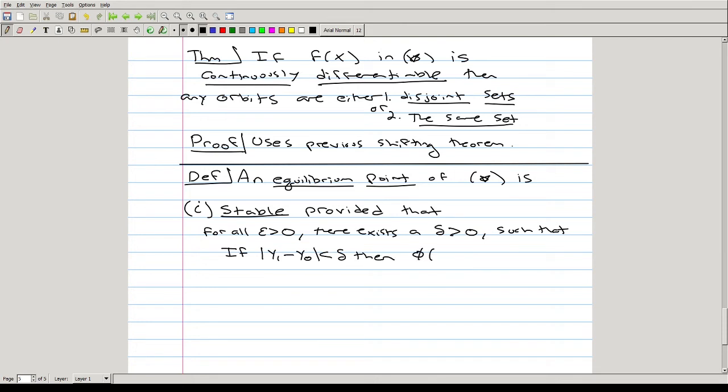the solution phi of t, with initial condition y1, so this is the solution to the differential equation star for the initial condition y1, exists for all t in the interval from 0 to infinity.